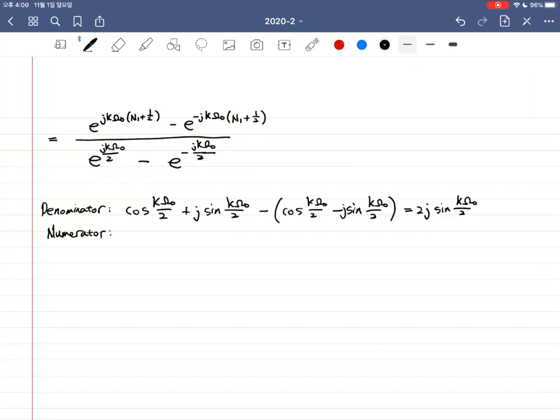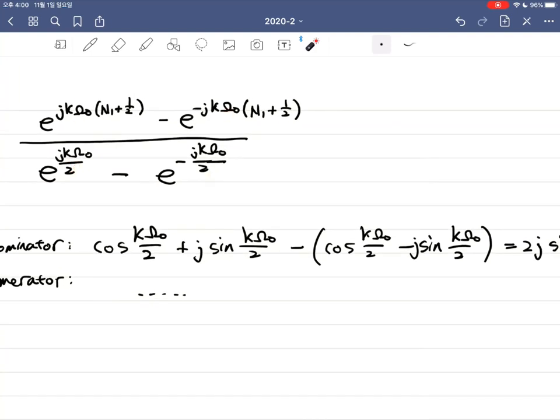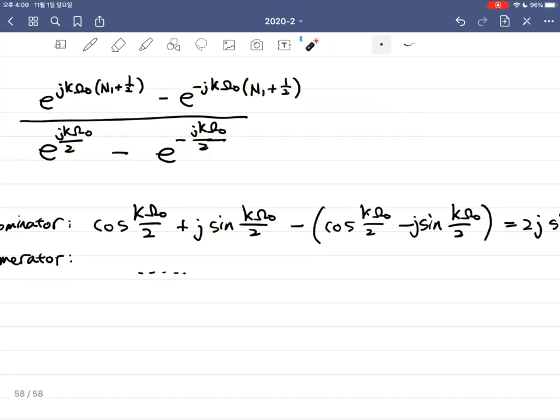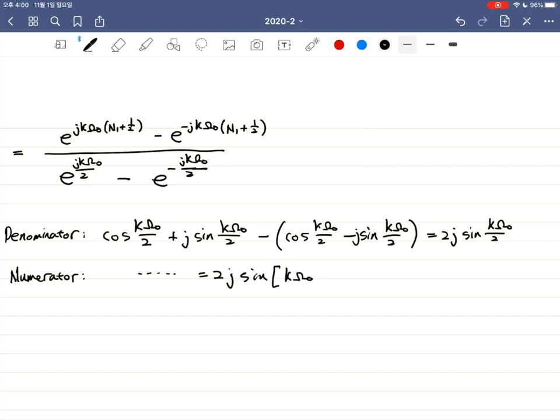What is it for the numerator? You do the same thing because you have the same pattern. You have a minus sign here. If you do the same thing, then you will get 2 times j times sine of k omega 0 and 1 plus 1/2.